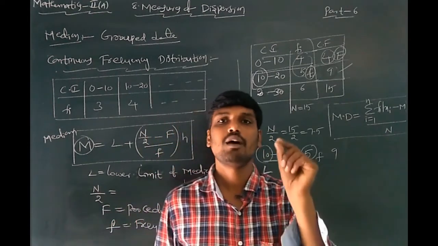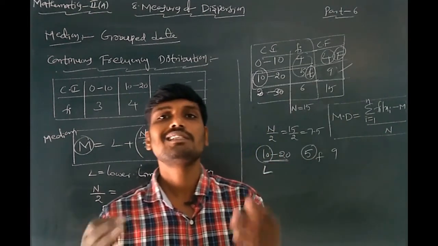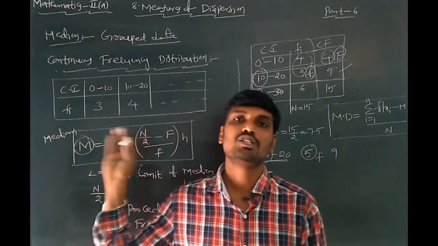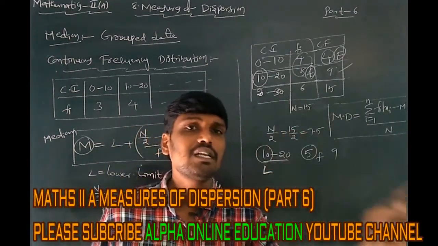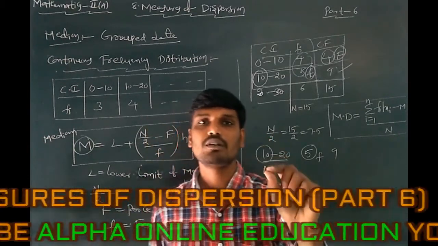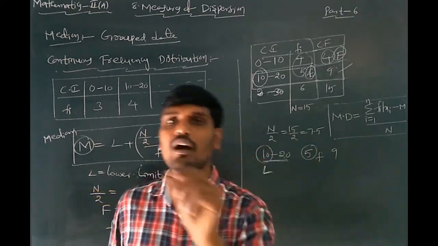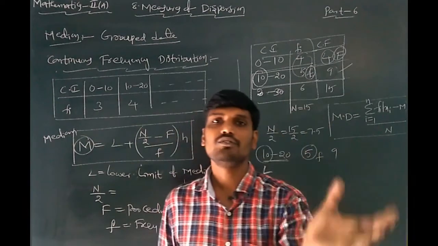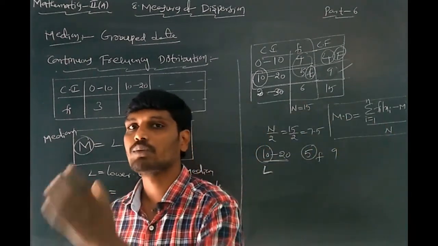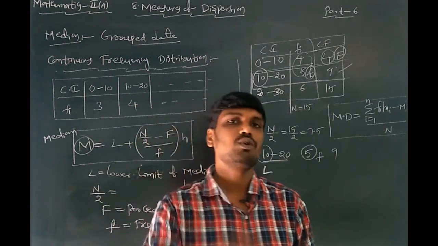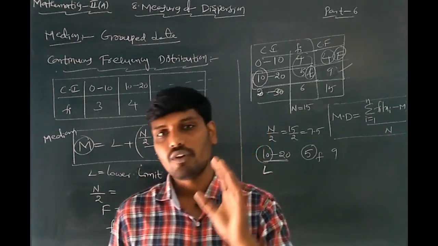First observe whether it is discrete or continuous frequency. After that, we use a separate formula for discrete and a separate formula for continuous. That's why you should read and write those formulas.